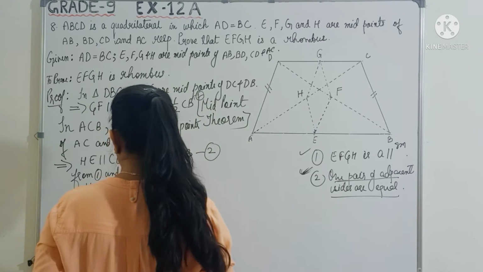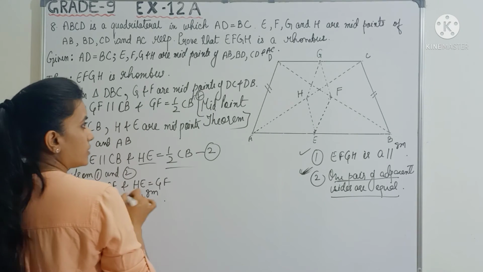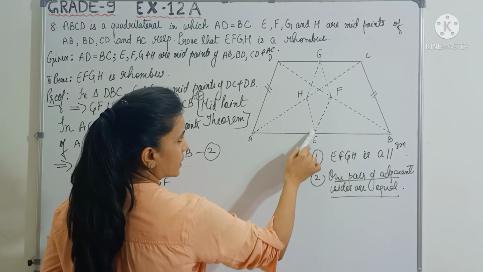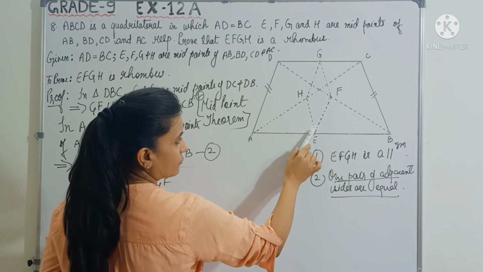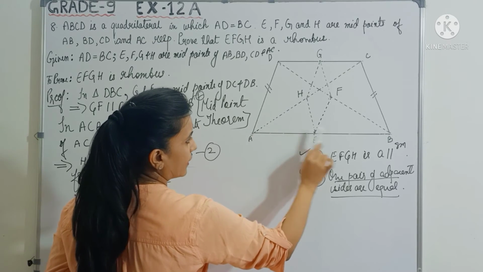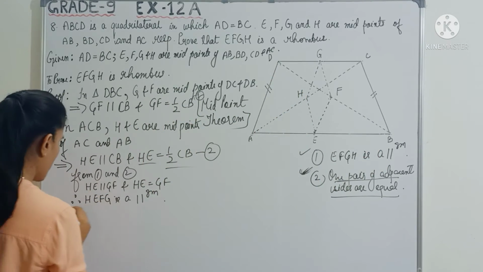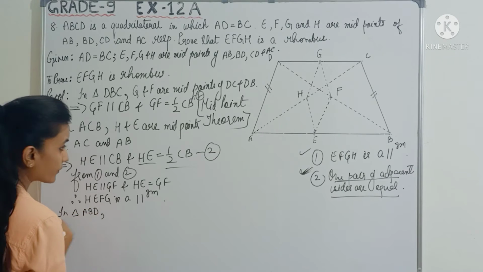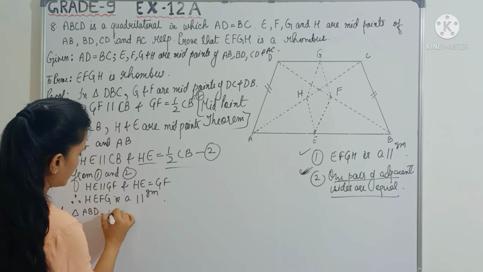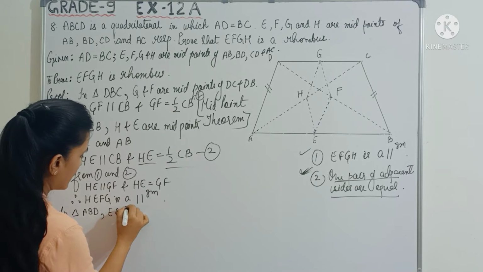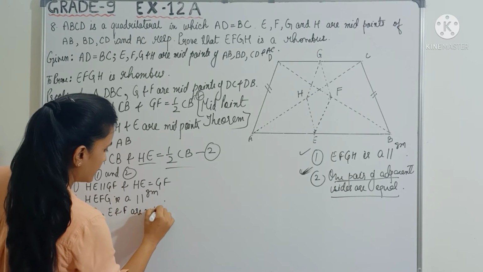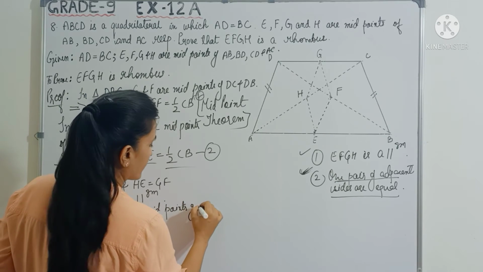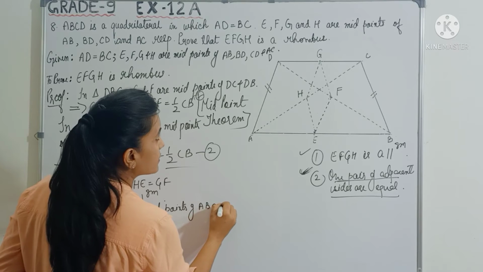So let's write this down. First let's take EF, right? So EF, it means you have to take which triangle? Triangle ABD, okay? So in triangle ABD, E and F are midpoints of AB and BD.